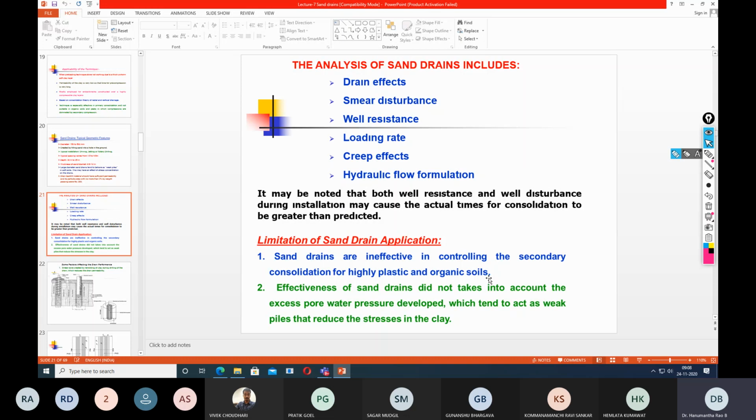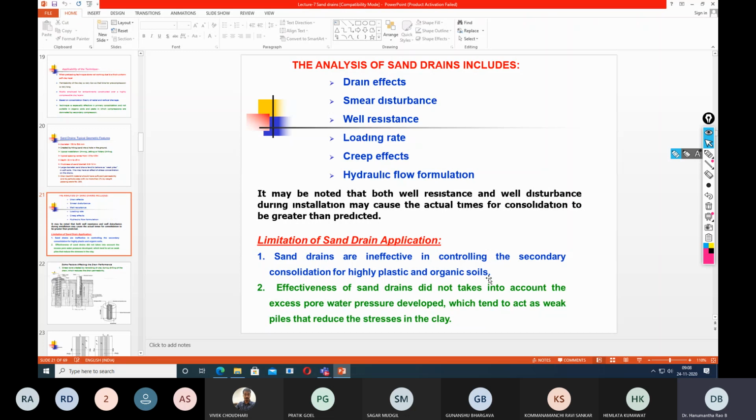But when you apply the surcharge load, it is a mechanical loading condition that can expel only the water from pore voids. So it is ineffective on the water held by the electrochemical forces, that is, the diffuse double layer.